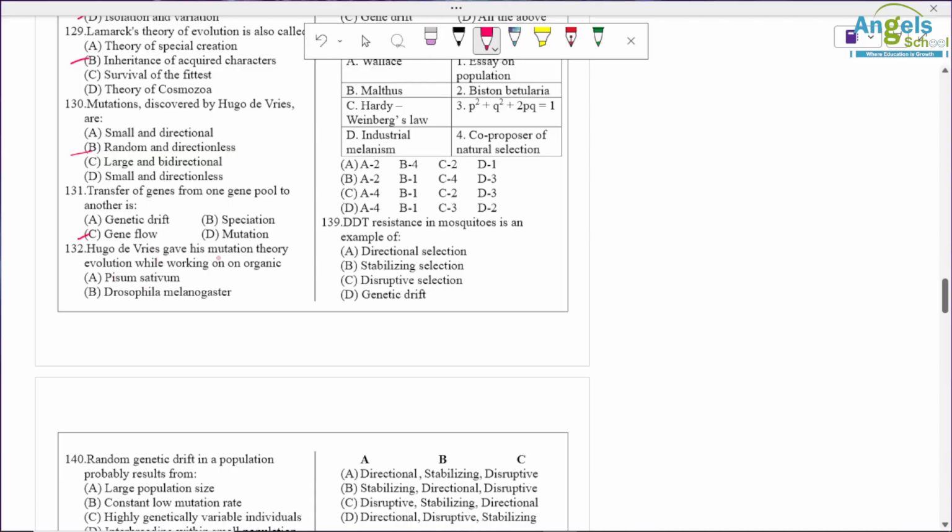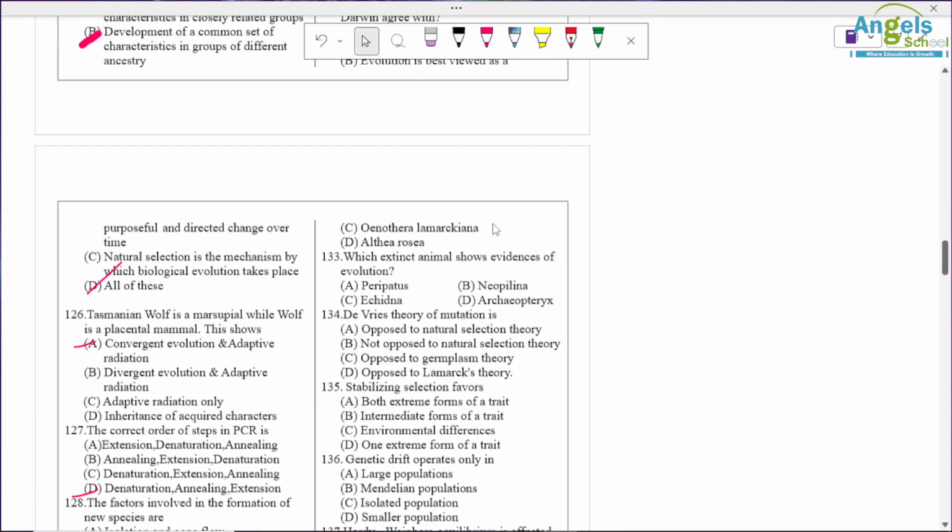Hugo de Vries gave his mutation theory of evolution while working on organism, not organic, here it will be organism. So the organism is Oenothera lamarckiana.